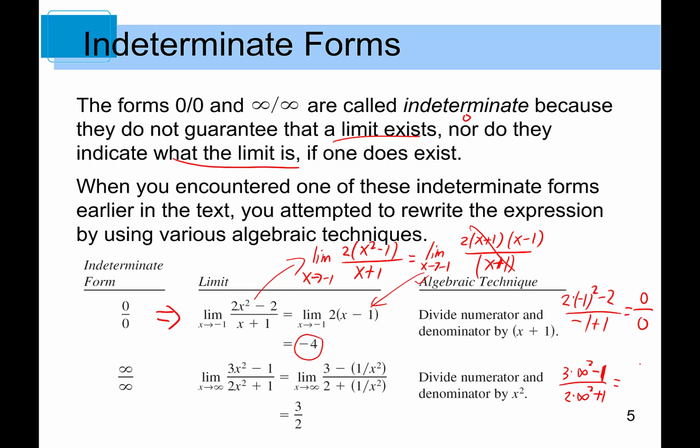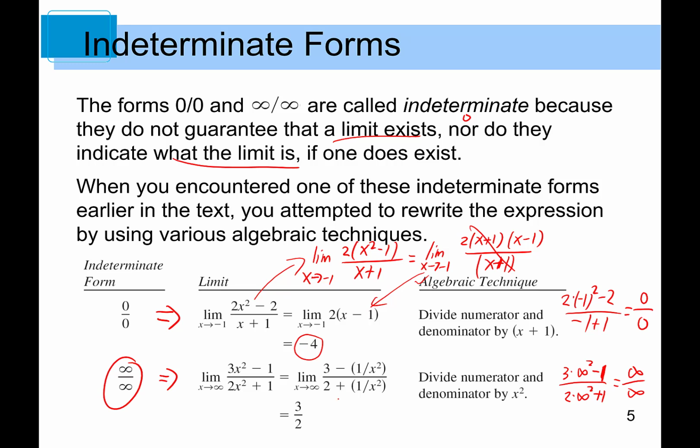So this basically becomes infinity over infinity. So here, what you need to do is divide every single term in the numerator and denominator by x squared. So you get (3 minus 1 over x squared) over (2 plus 1 over x squared).